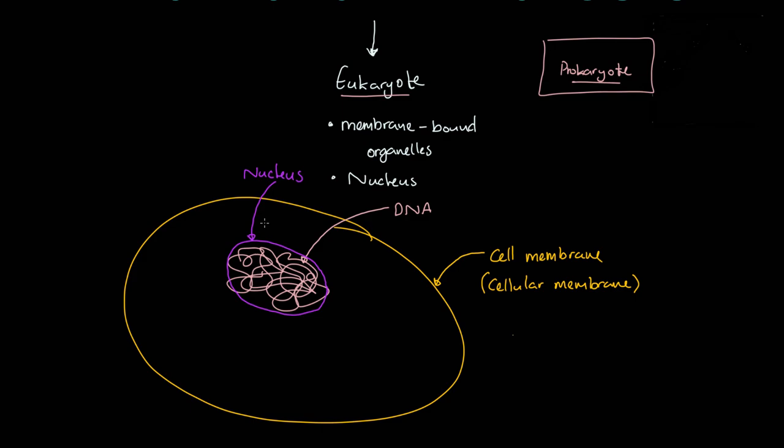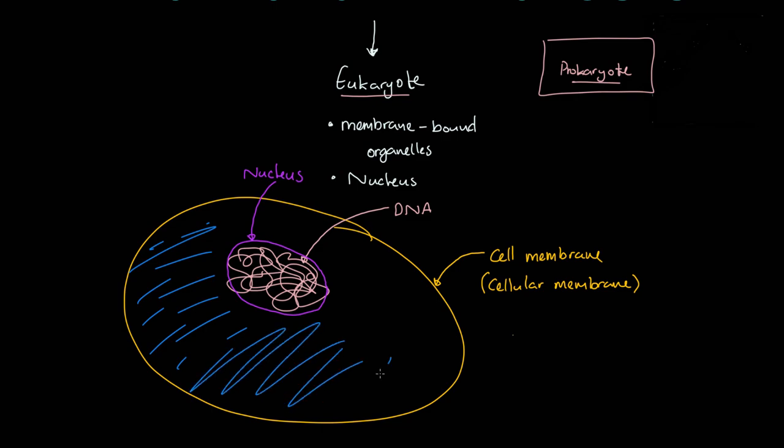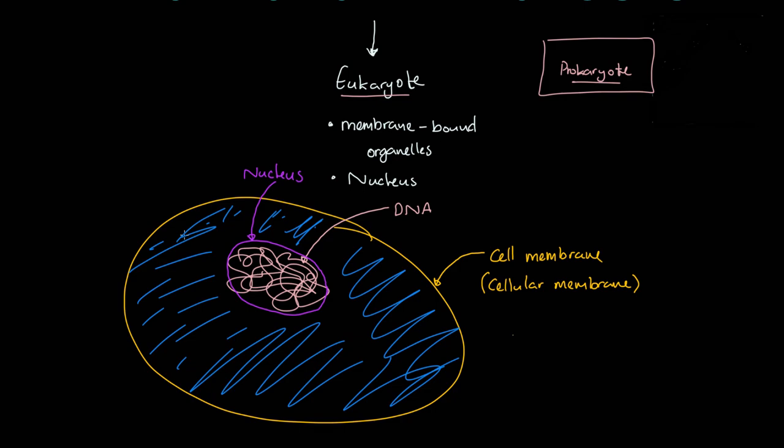Now, we also want to realize, and I don't know why I'm going to do this in light blue because it's not realistically sea colored, but around in this cell, and I'm doing it blue because it's in that sense fluid-like within the cell, we have what we refer to as the cytoplasm.